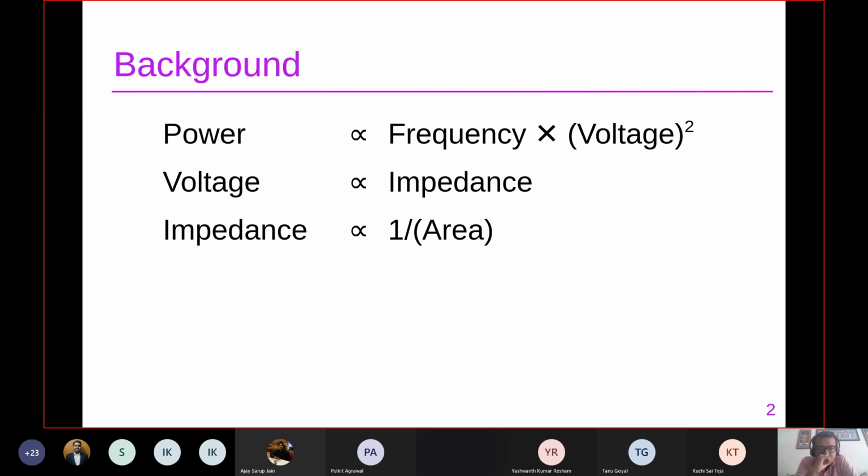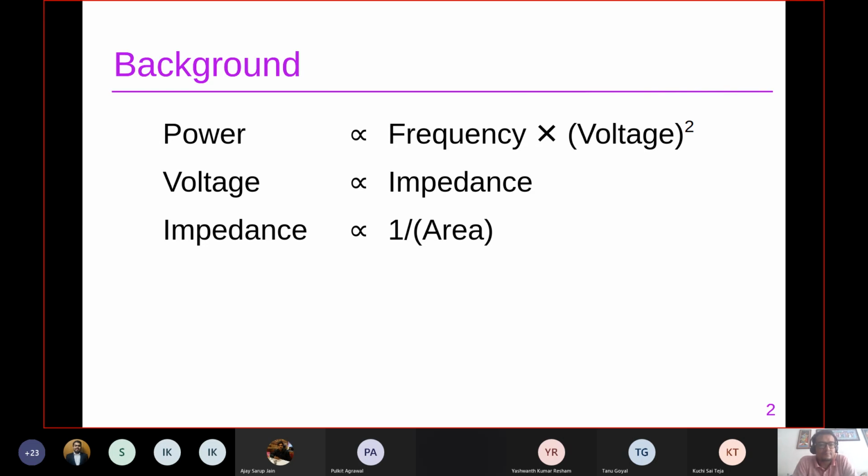There will be some voltage drop across that resistance. The higher the area, the lower the resistance. One of the basic principles that every engineer has learned in basic electrical is R equals rho L by A, where A is the cross-sectional area and R is the resistance.